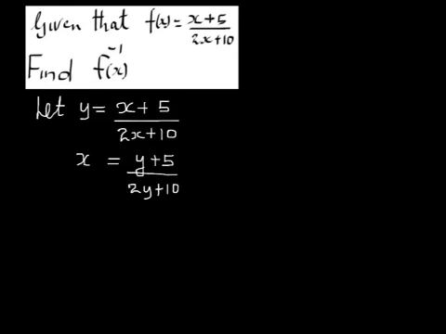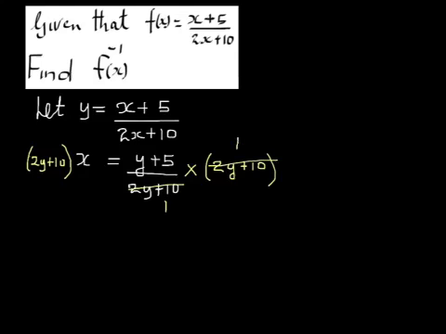Well, we have 2y plus 10 at the bottom, which gives a fraction. So in order to get rid of the fraction, we could multiply both sides by 2y plus 10. On the right hand side, 2y plus 10 is a common factor, so we cancel it out.